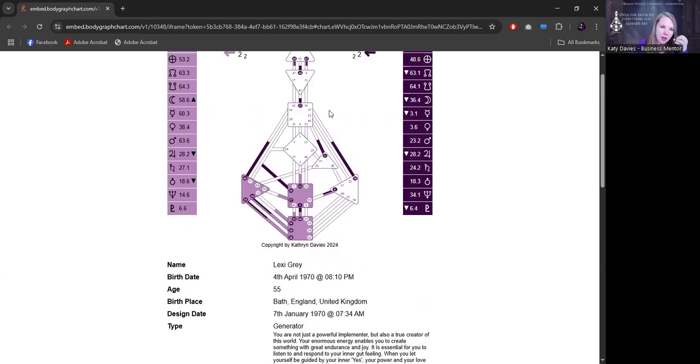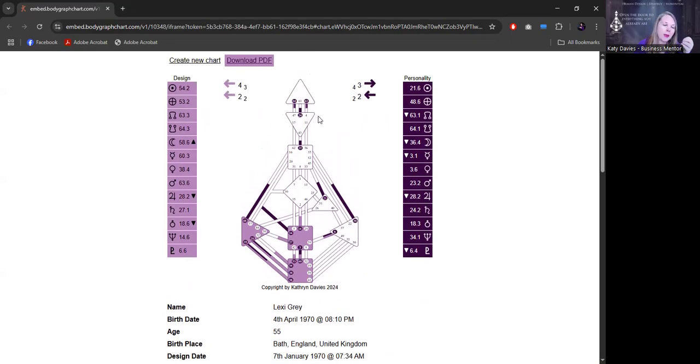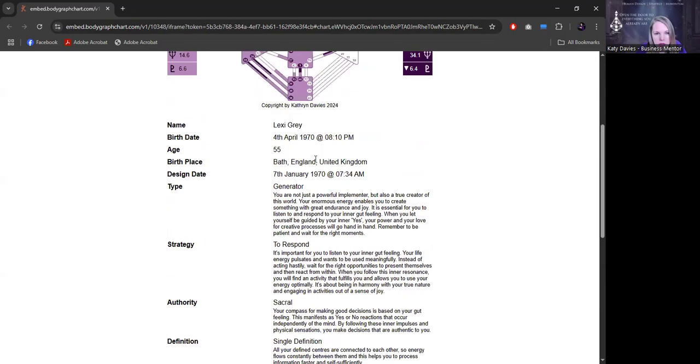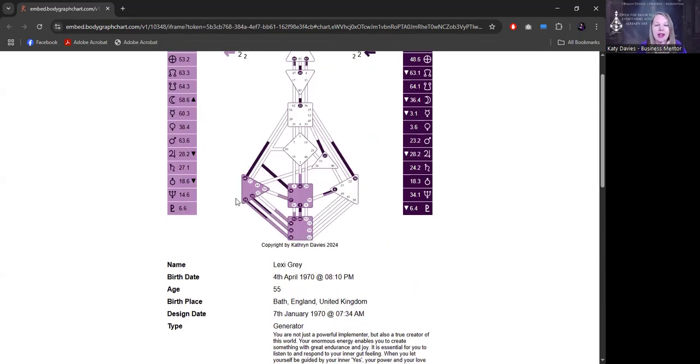If there's another system going on up here, they don't talk to each other without some kind of additional energetic input. So that's what that means. It's all around whether your defined centers are connected to each other or there's a gap between them, is basically what I was trying to say.